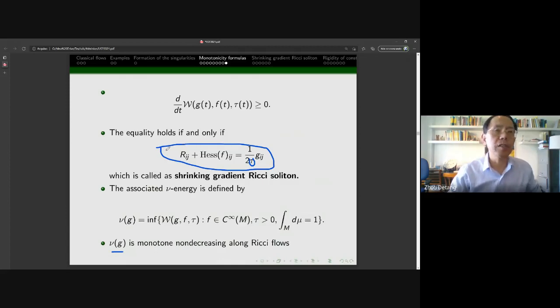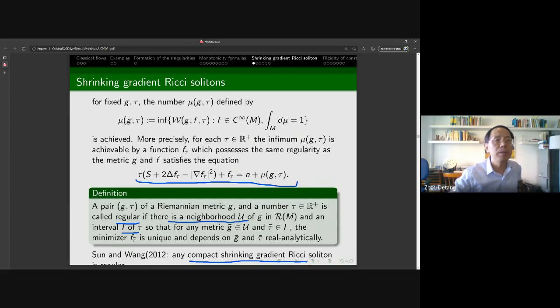If you like, you can write it on R^n. Then the Hessian of f is parallel to the metric, which is a Gaussian soliton. In R^n, Ricci curvature is 0. If the Hessian is parallel to the metric, you can solve it: f is |x|^2 over 4. Later we will see some examples.